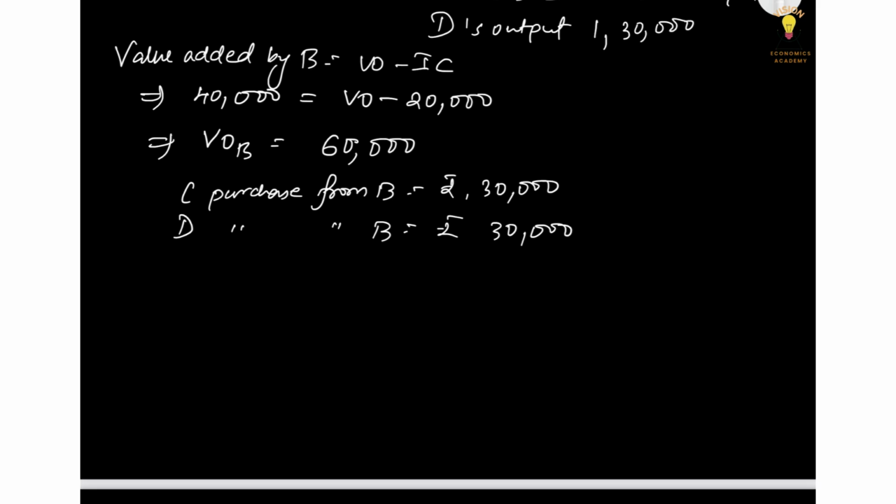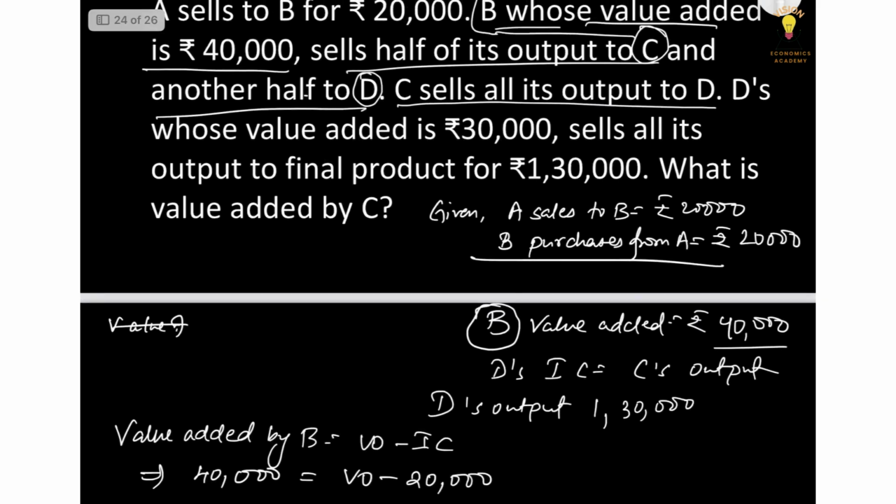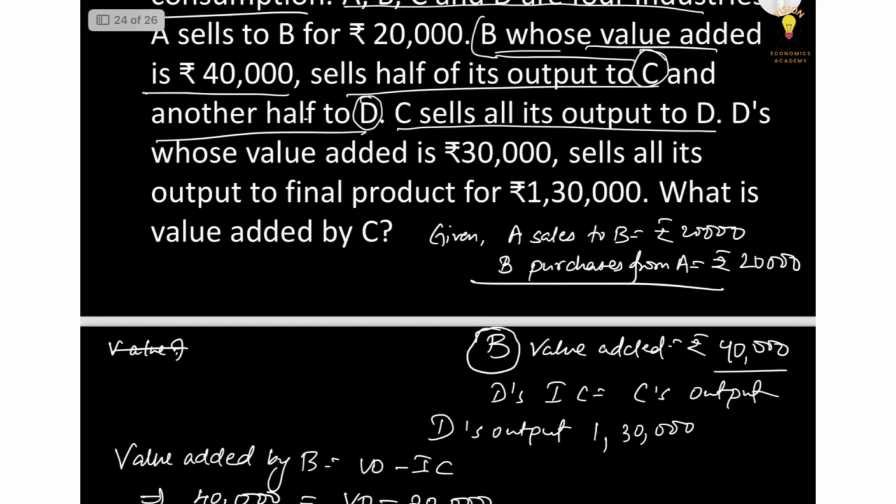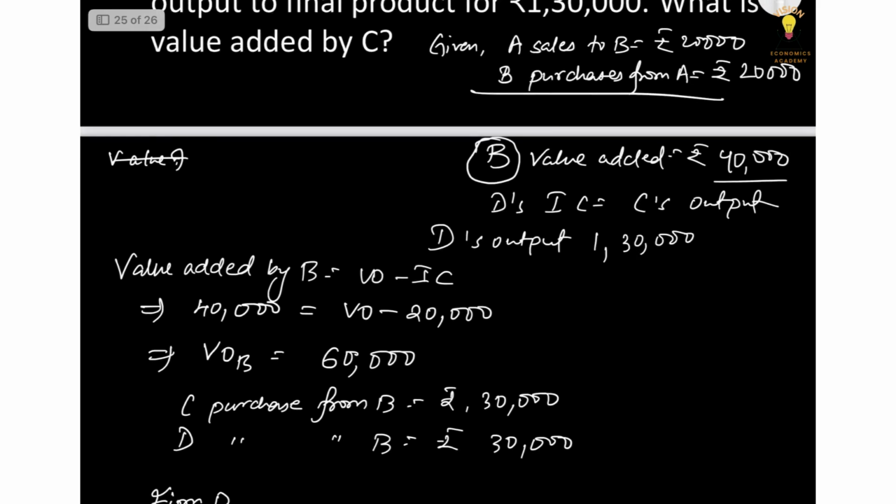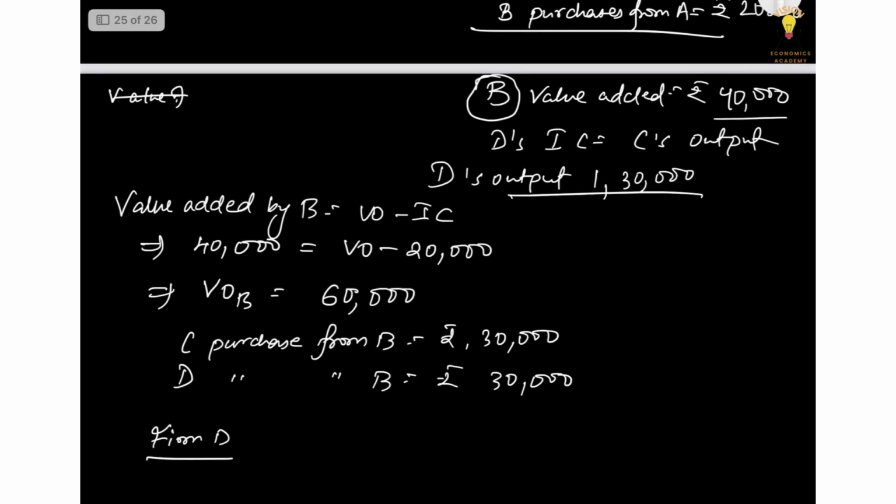Now let us come to firm D, because we can get the intermediate cost of firm D. Firm D's output is 1,30,000.